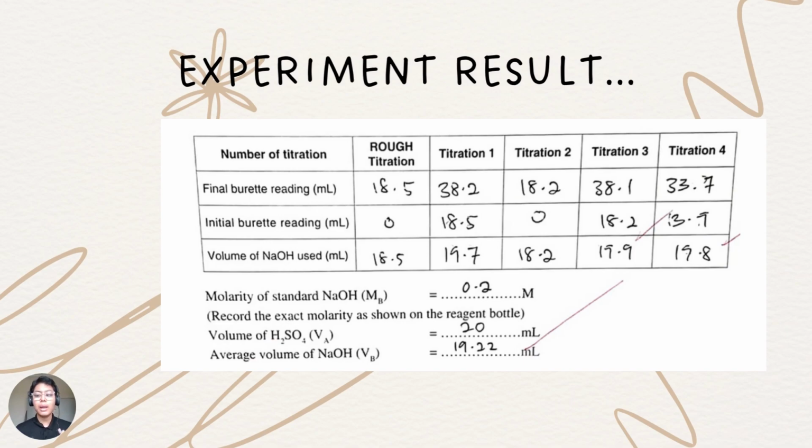And this is the result of my most recent titration experiment. As you can see from the table, I did up to titration 4 because I have to ensure that I have consecutive titrations with the volume of NaOH used.